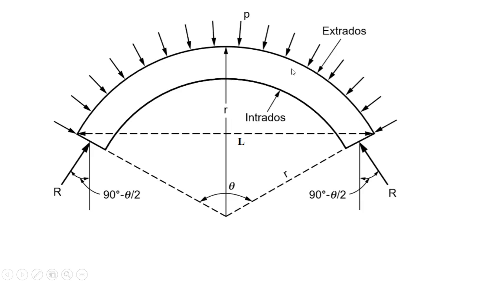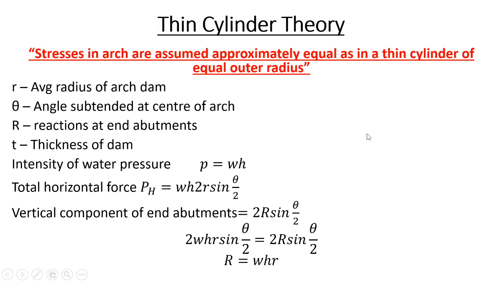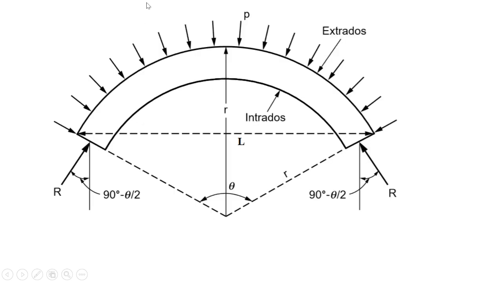Equal outer radius means, you know that if you take an arch dam, this is the outer face. For equal radius to the outer face, the dam is called a constant radius arch dam. So in most cases, the thin cylinder theory is applicable to constant radius arch dam.